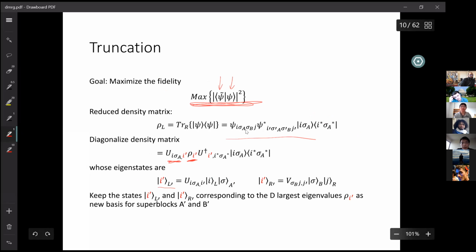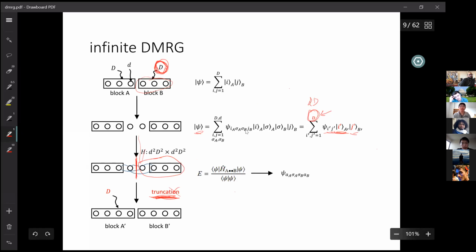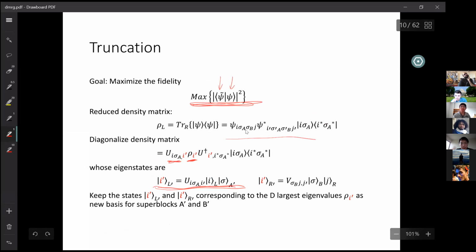Now you pick the eigenvectors, and these are just the best basis you would choose to describe the half system. That's the block A prime. I'll just give you this result without explaining too much.